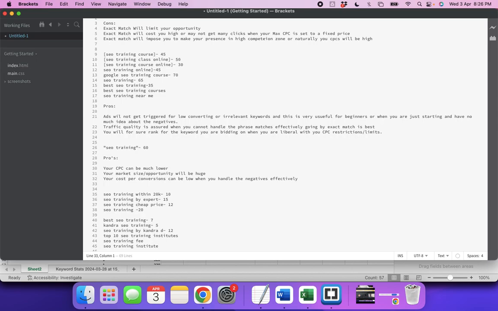Okay, these are the CPCs, market, conversions. You can scale up your leads or sales, basically conversions.